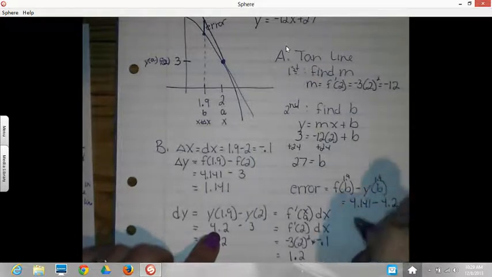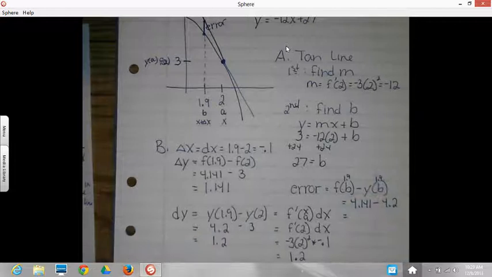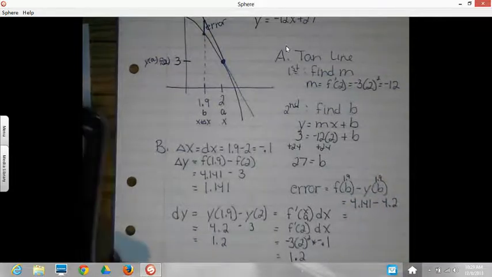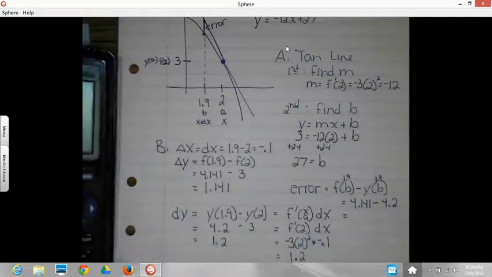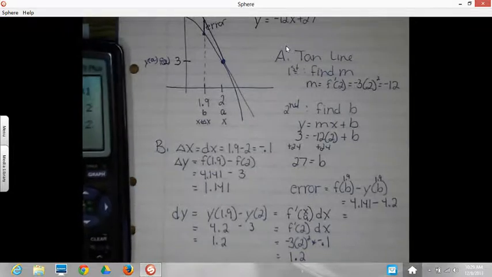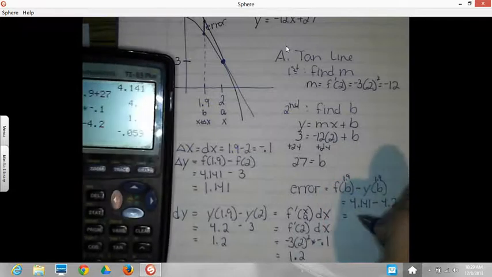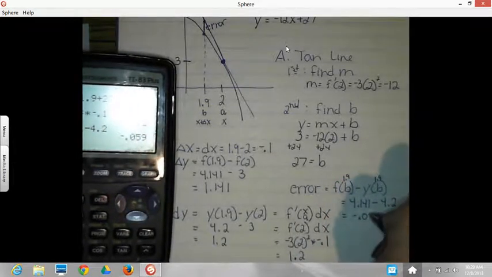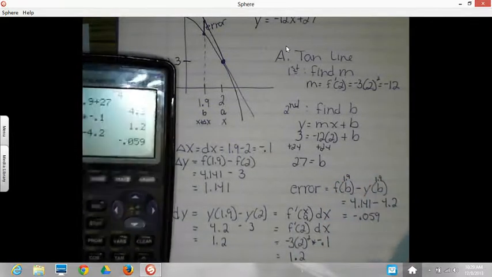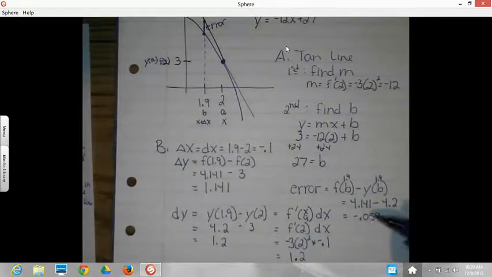So our error came out 4.141 minus 4.2, negative 0.059. Must be indicating that the original function is lower than the tangent line with the negative there. Okay.